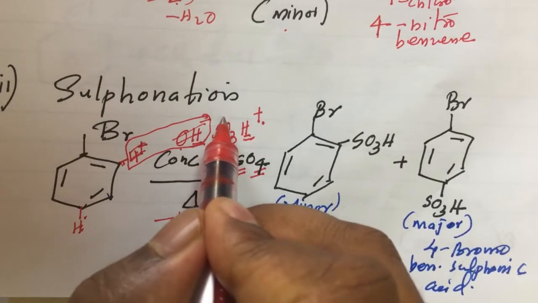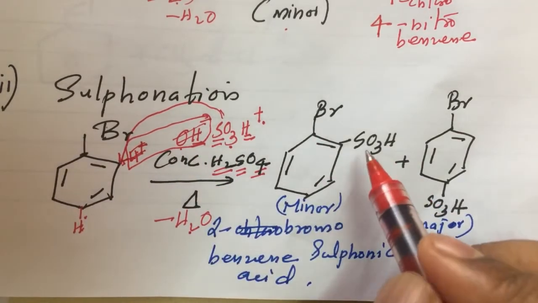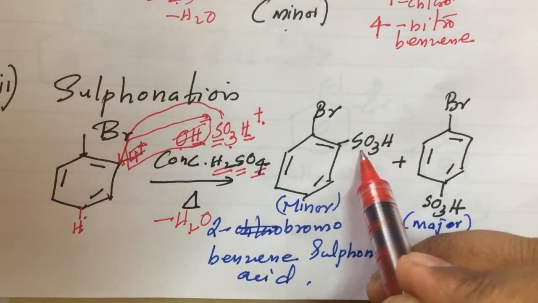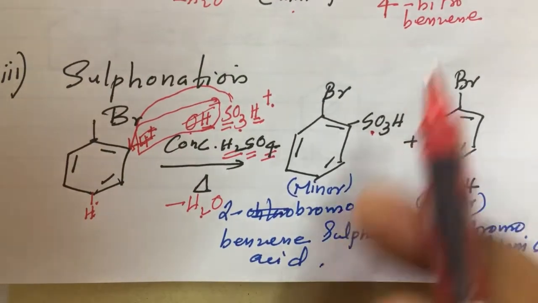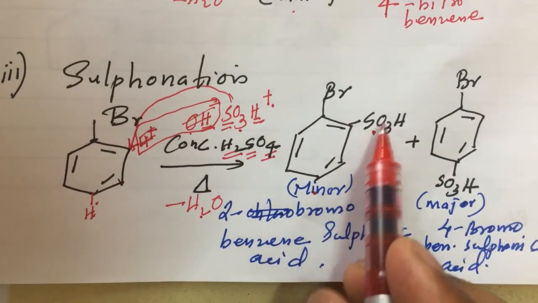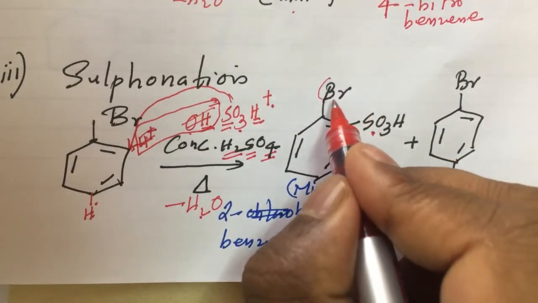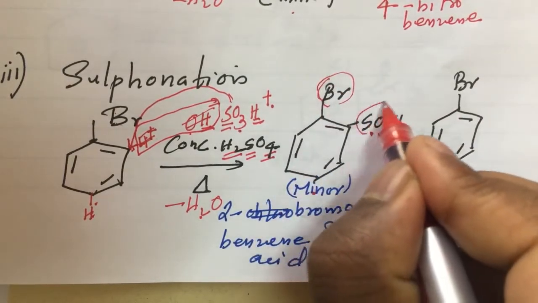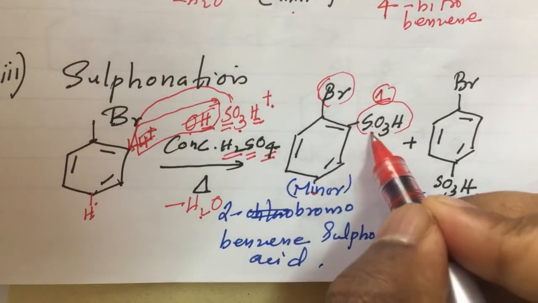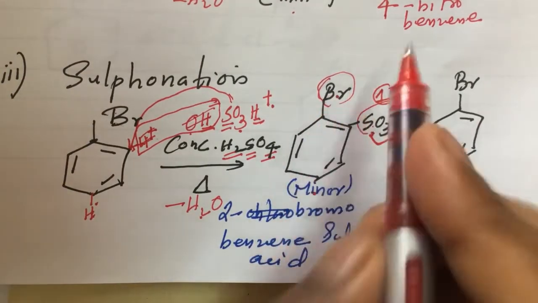Now what is remaining? SO3H, and SO3H will take this position and form the first product, bromobenzene with SO3H at ortho position, and the product is minor, as we already know, due to the steric effect. The name of the product is 2-bromo. Out of bromine and SO3H, the priority of SO3H is more, so SO3H is taken as the functional group and Br is the substituent.